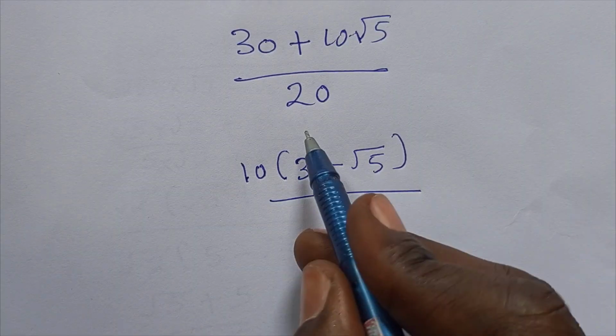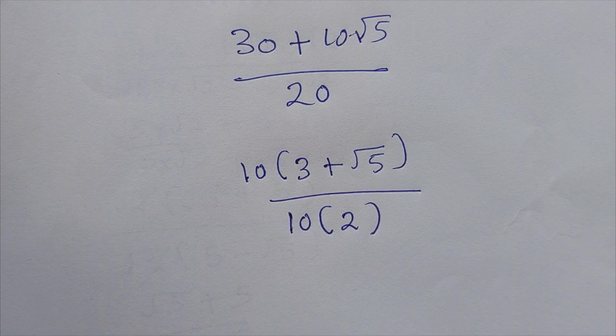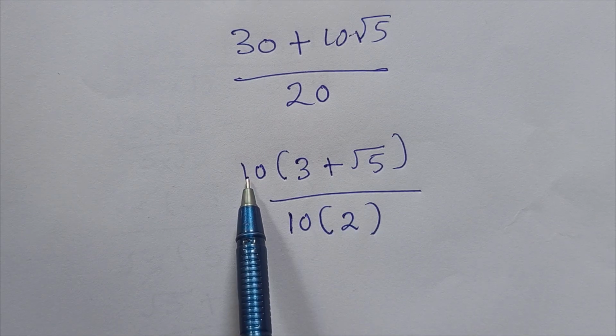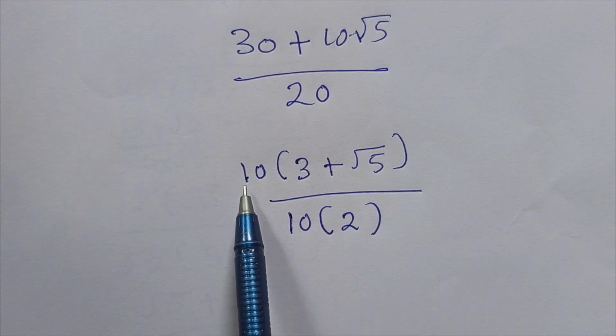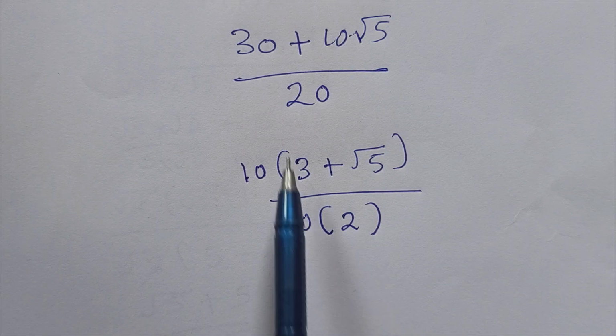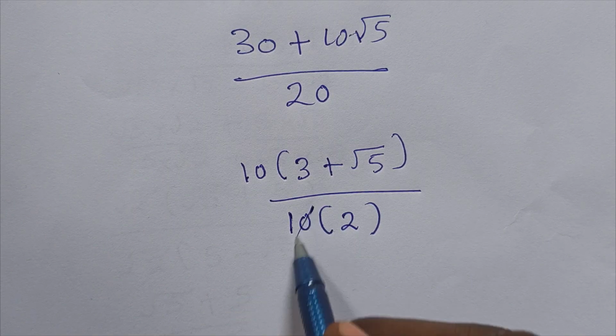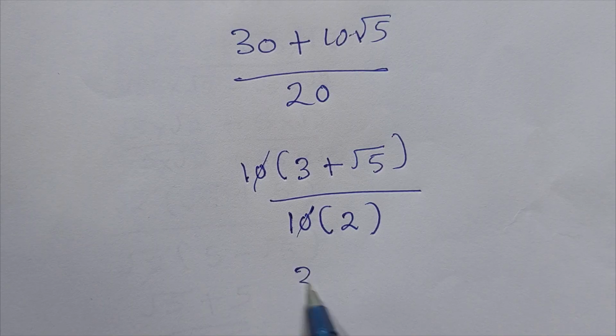Same here, we can factor out 10 here. We're going to be left with 2 in the bracket, because if we multiply 10 times 3 we get 30, and 10 times root 5 will be 10 root 5. Same here, factor out 10 down, we're going to be left with 2 in the bracket, and multiplying it, we have 20 back. Hence, 10 can divide 10, so we are left with 3 plus root 5 over 2.